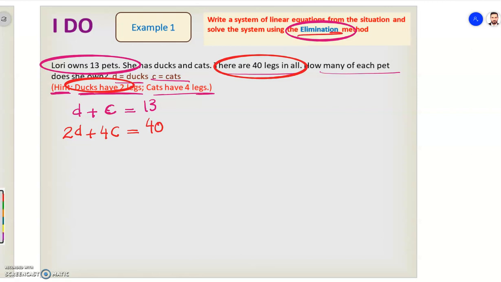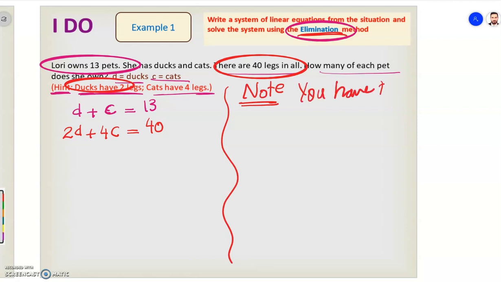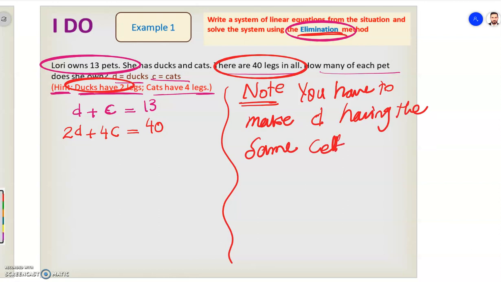By using the elimination method. To solve it using elimination, you have to make sure, and this is a very important note, that D or C have the same coefficient.